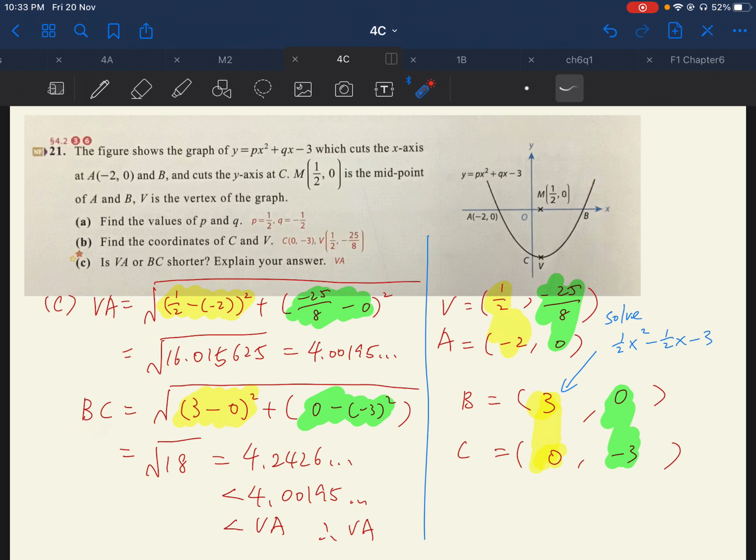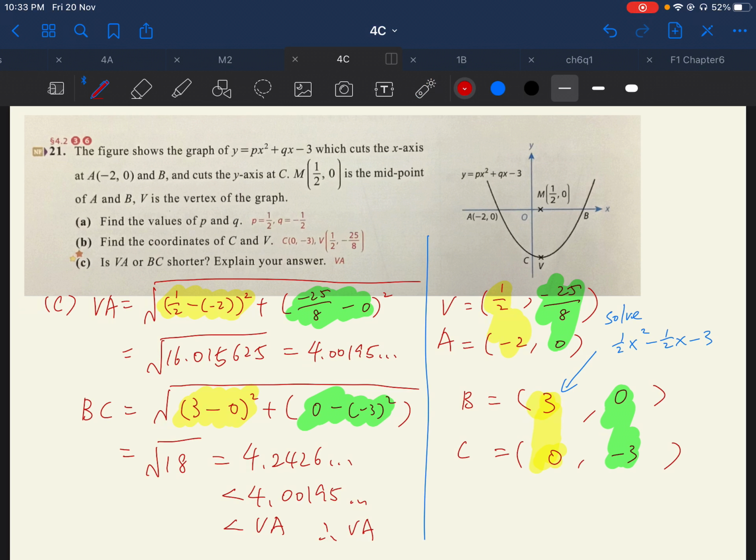Same idea for BC, but for the point B we need to find the coordinates of B. The y-coordinate of B must be 0 since it lies on the x-axis. How about the x-coordinate? You can make use of the distance. The idea is similar.